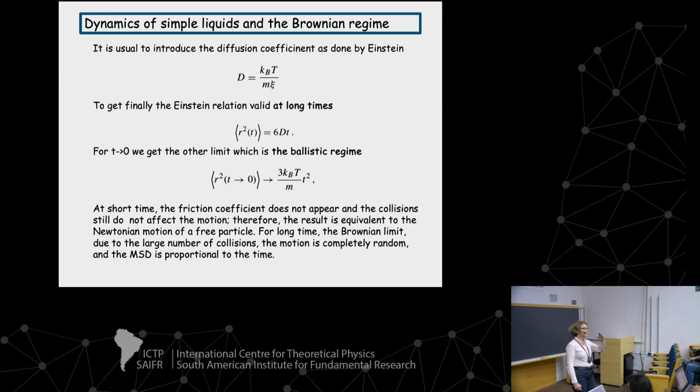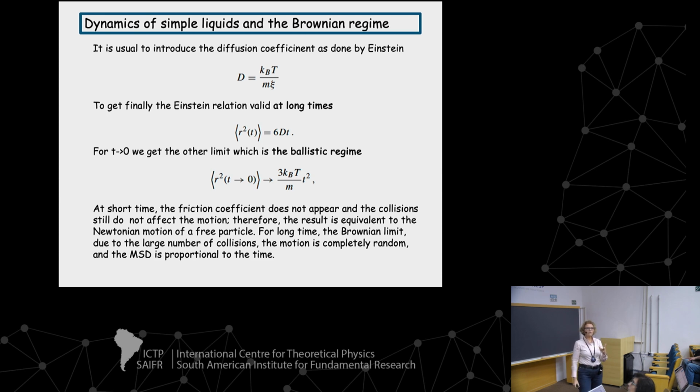So if you plot the mean square displacement log-log, for the ballistic part you will have a slope which is 2. For the diffusion part, log-log, you will have a slope which should be 1, but it's proportional to D. So you will have a change of slope.